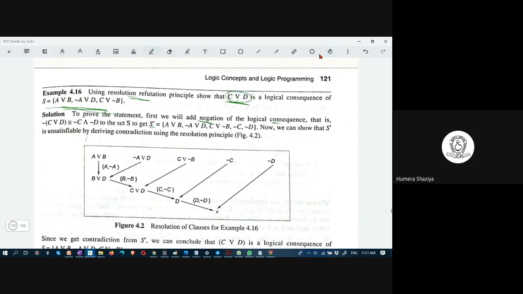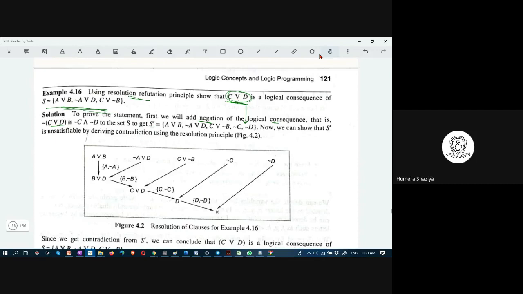This C or D is written as not C or not D, because when you apply negation to C or D, you can write it as not C and not D, and you can put it this way: not C, comma, not D. The process begins with A or B, not A or D. When these two are resolved, the logical consequence is B or D, by eliminating A and not A. From these two, B and not B will be eliminated, and C or D will be left.